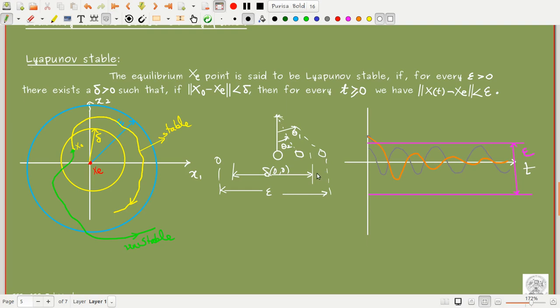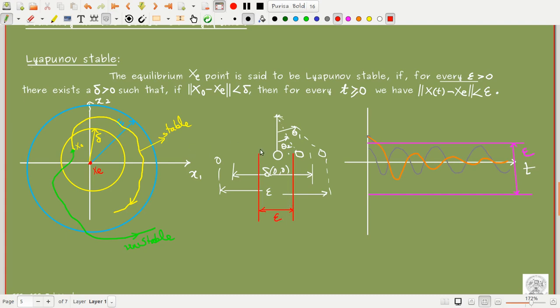Then I am going to give you a smaller epsilon, because the condition should be true for every epsilon. It should be satisfied for any epsilon that I give you. So I will give you another epsilon here, very near to this point, and say that you show me that the system is stable for this epsilon that I am going to give you.